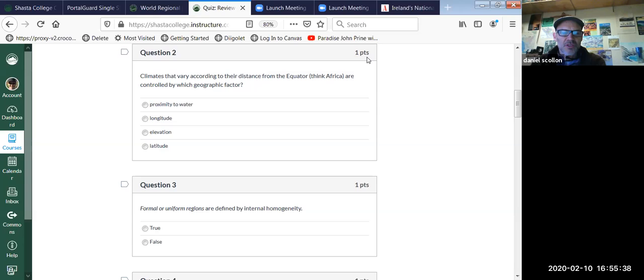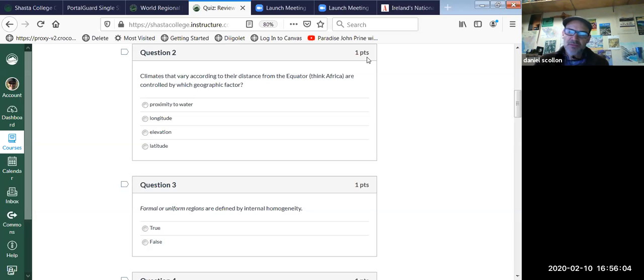Okay, so there were a couple of lecture slides, and again discussed at some length in the first chapter, the concept of climate and the idea that climate changes as one moves north or south from the equator. And so as we go through, an example was given for Africa, where the measure of latitude.